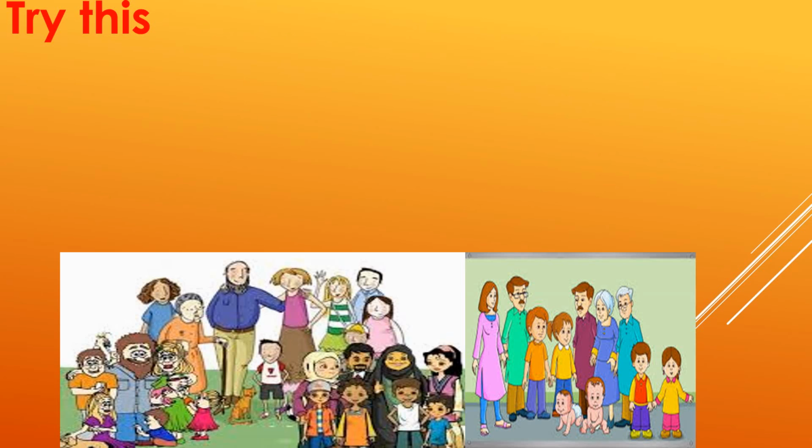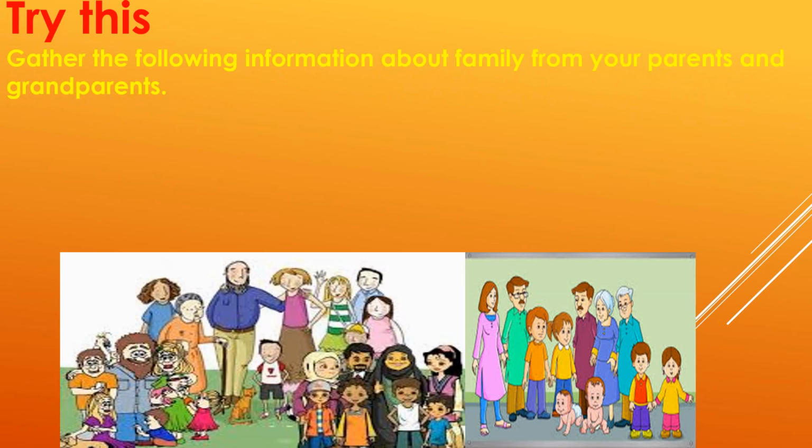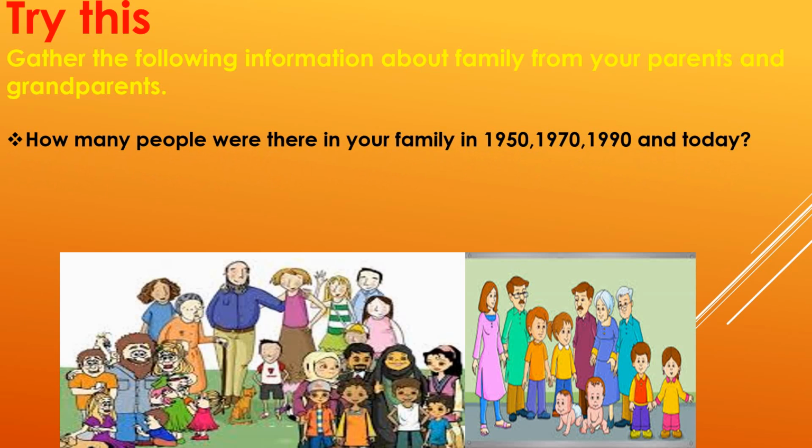Try this, children, at your home. Gather the following information about your family from your parents and grandparents. How many people were there in your family in 1950, 1970, 1990 and to date?